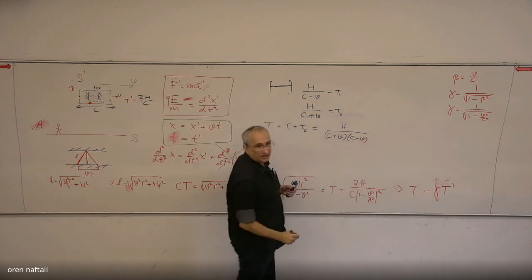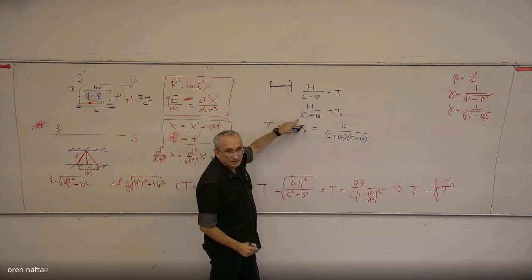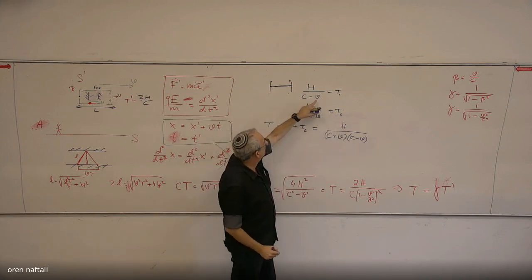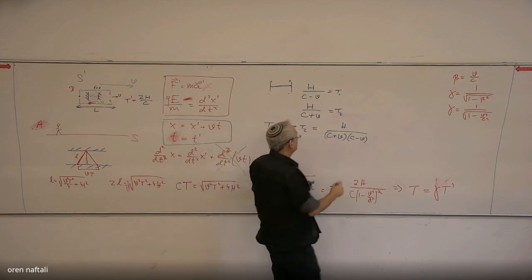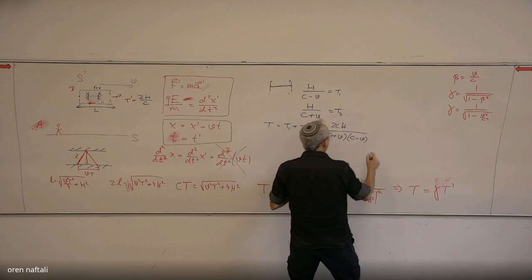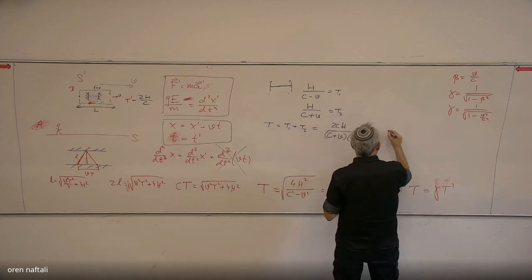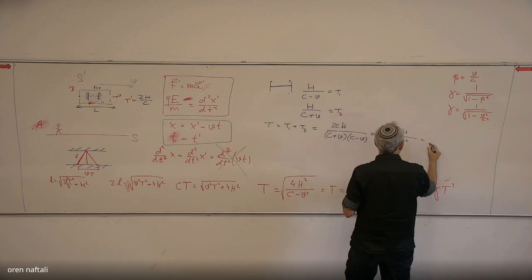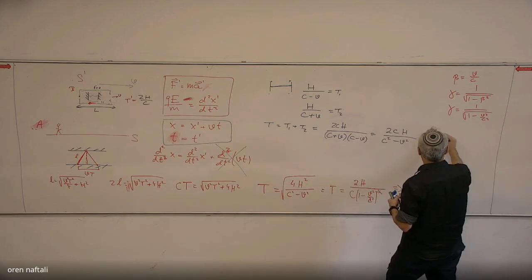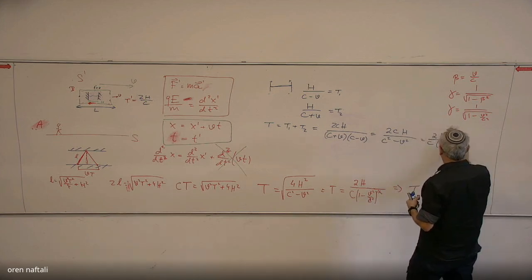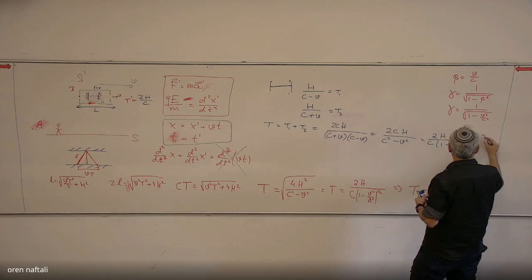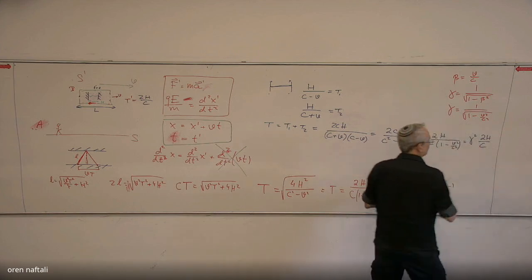I'm taking a common denominator, this plus that. And then here I should put c minus v plus c plus v, so I'll get 2c, right? So I will get 2ch divided by c squared minus v squared, which is 2h divided by c times 1 minus v squared over c squared, which is gamma squared times 2h over c.